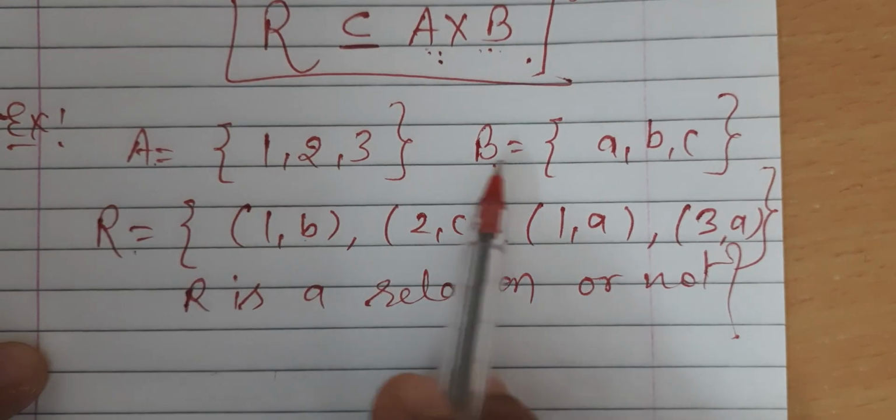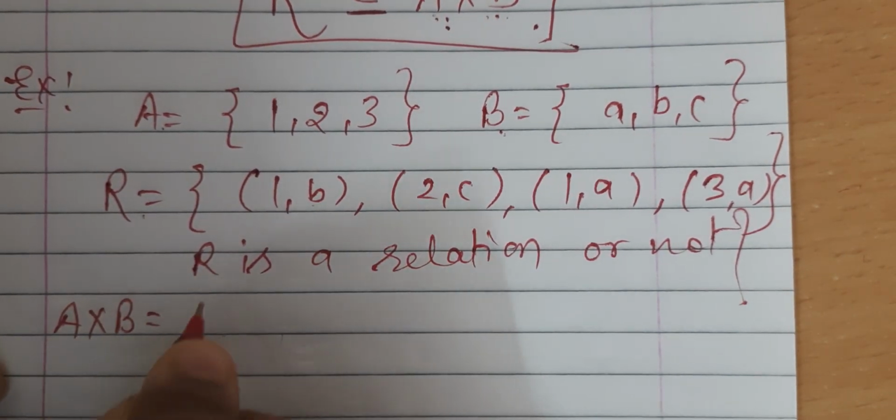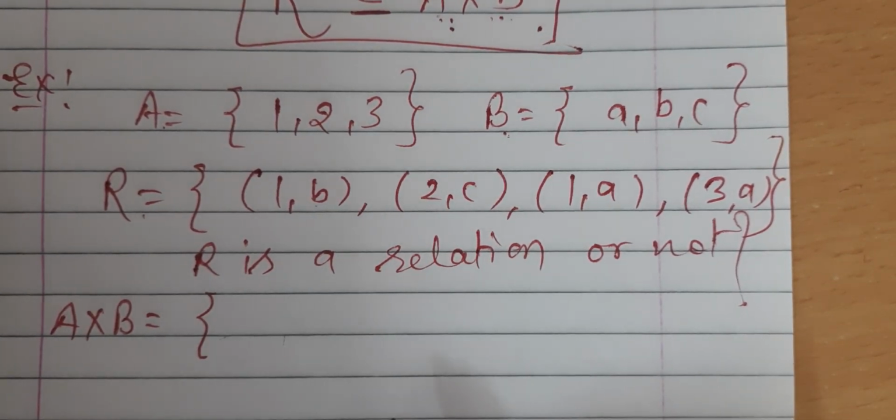So we will find the Cartesian product of A and B. How to find the Cartesian product? That we have seen yesterday.